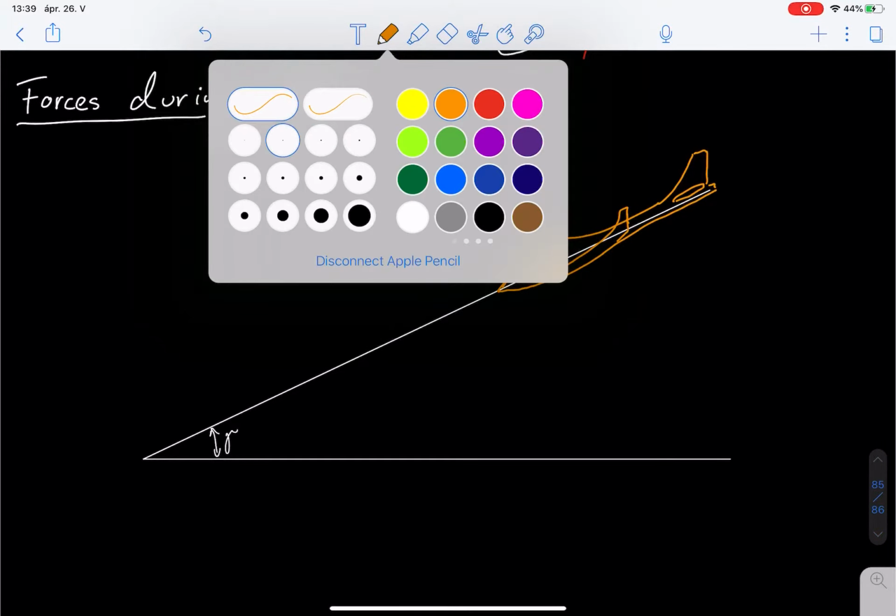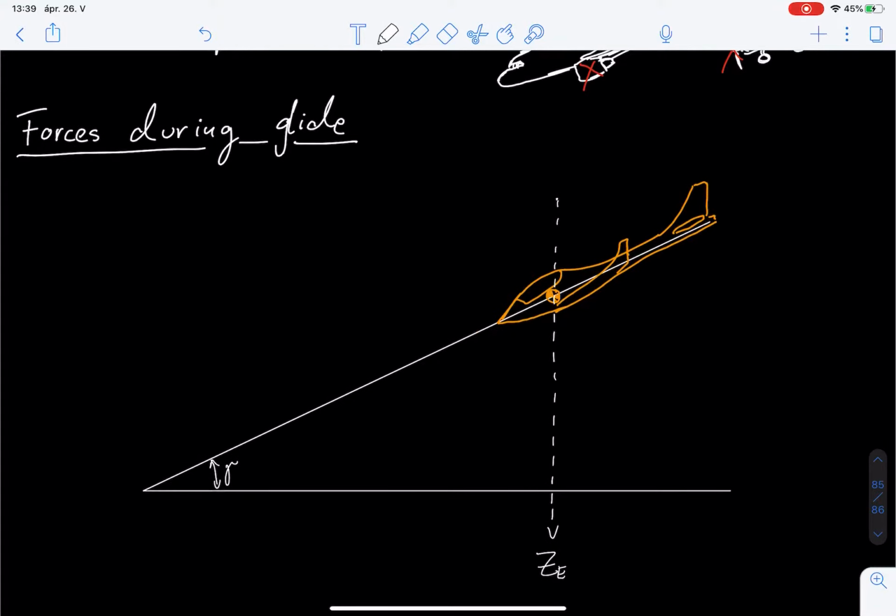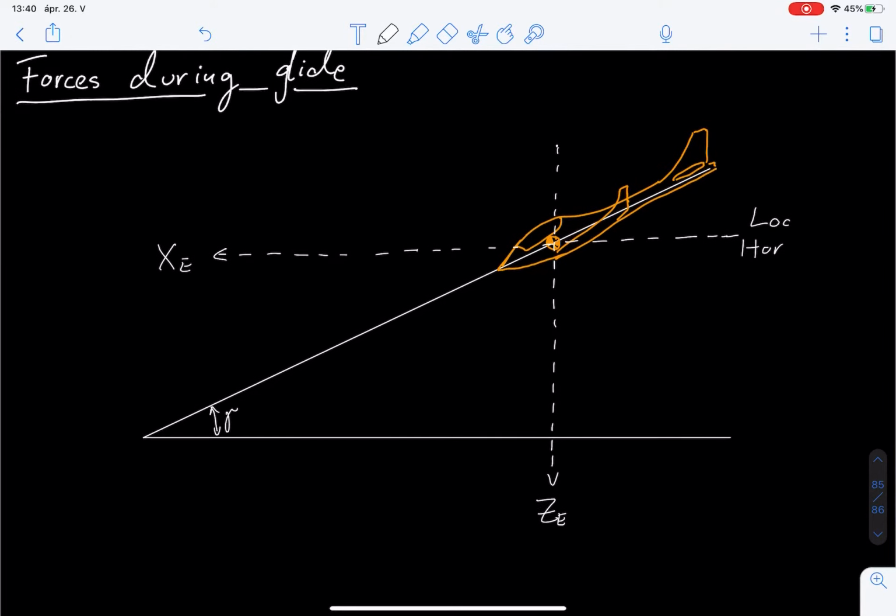Okay, so of course here we have a local vertical, as we call it, the Z_E axis, so the vertical axis in the Earth coordinate system. And here we have the local horizontal, which we could say is the longitudinal axis in the Earth's coordinate system.